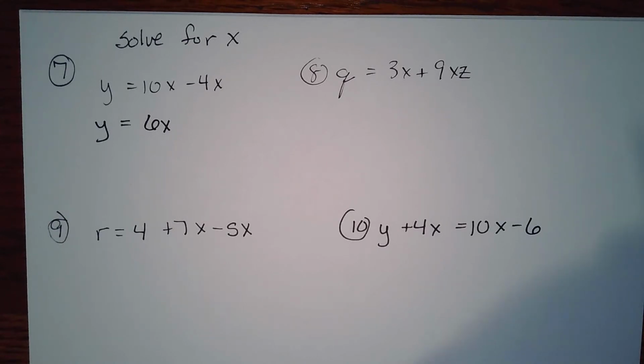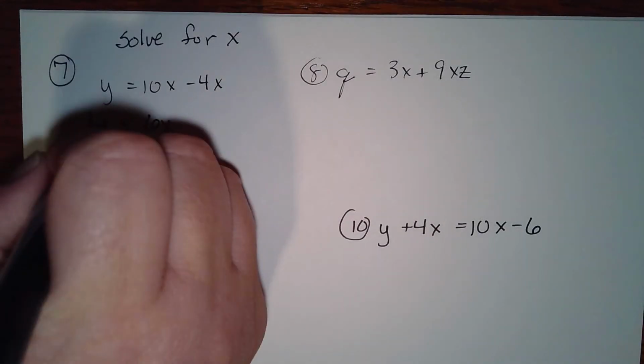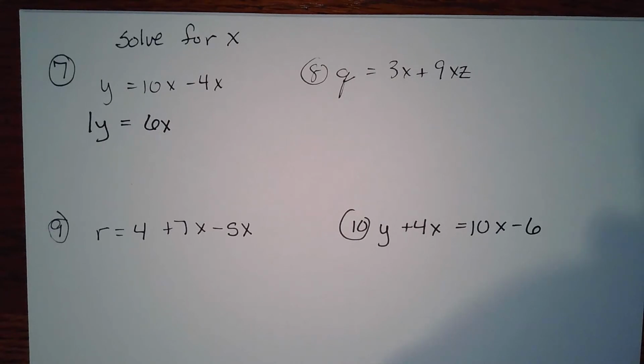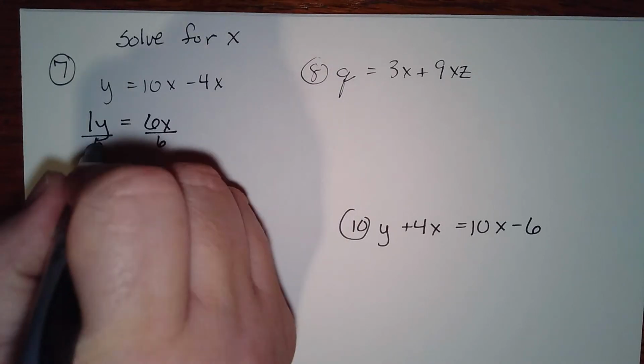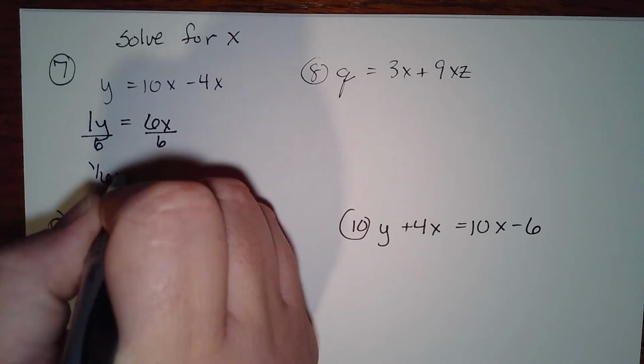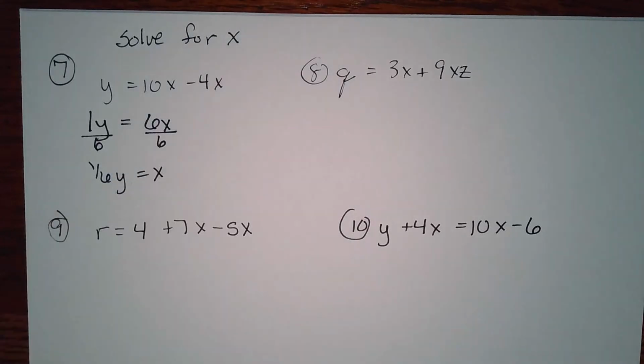Really, there is. Remember the invisible negative or positive 1 that we talked about? That's how we're going to do this. So we're going to divide both sides by 6 still. So I have 1/6 y equals x. So these are going to be more complex compared to the first ones.